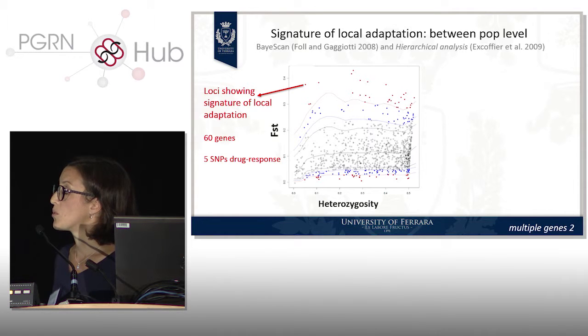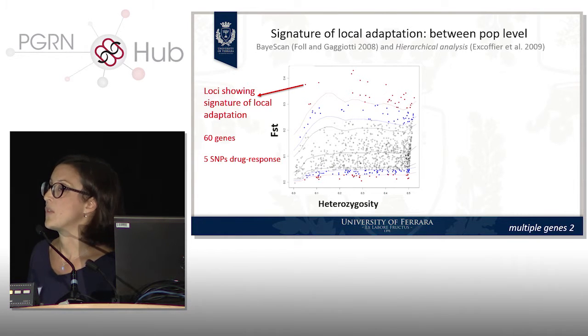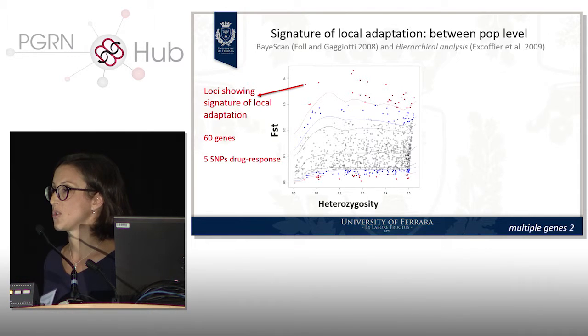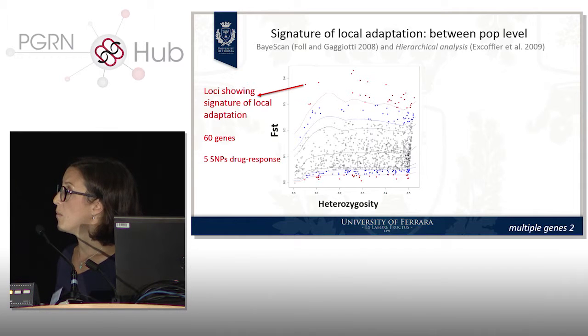The next step was to try to infer, which is very popular now, if there is positive selection by local adaptation. And one way to do that is to use these methods that are called FST outliers. Each dot here is a SNP, and the methods are based on the relationship between genetic distance conditional on heterozygosity.